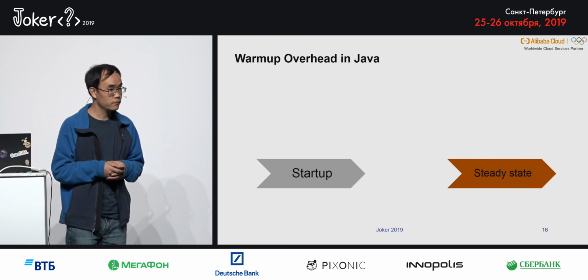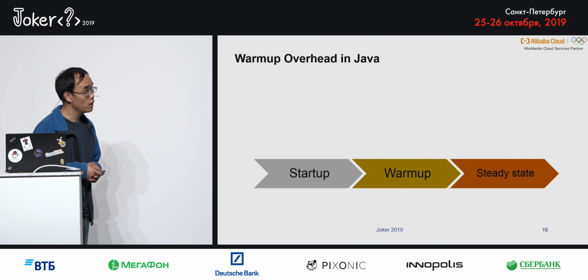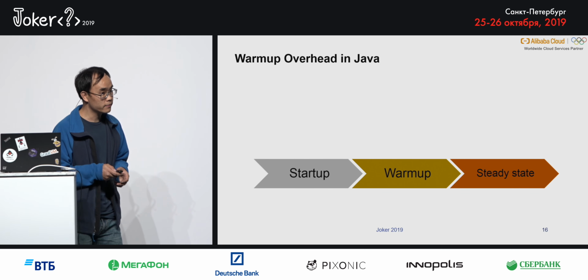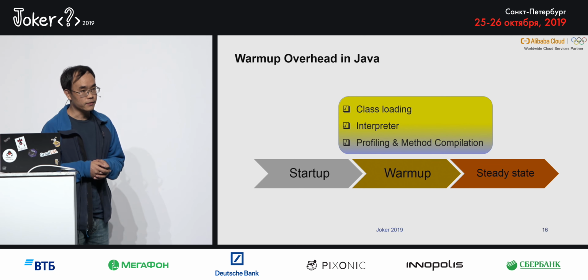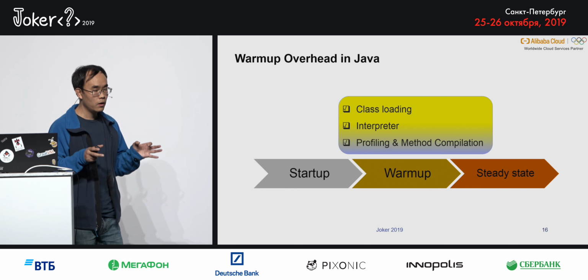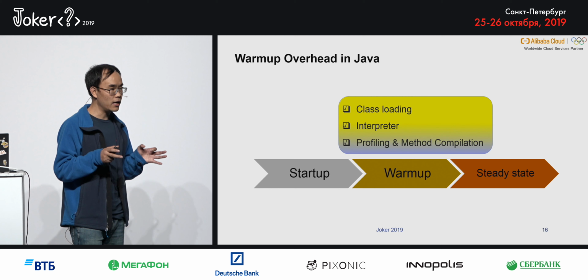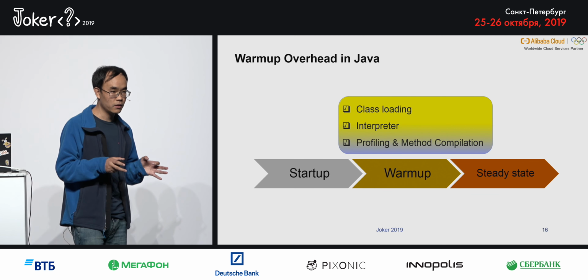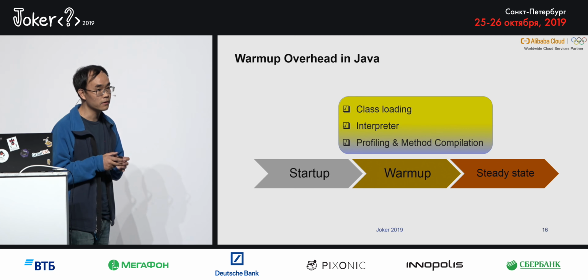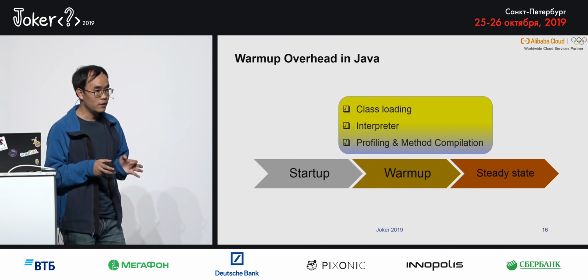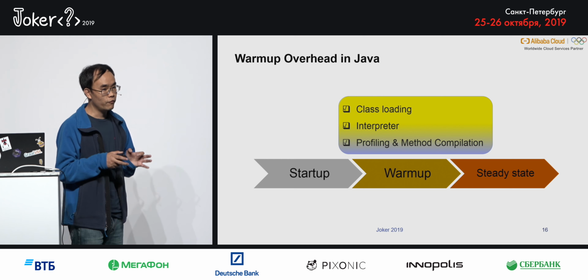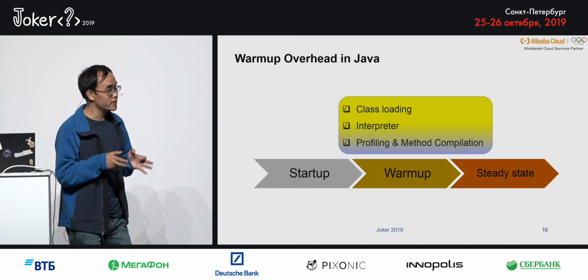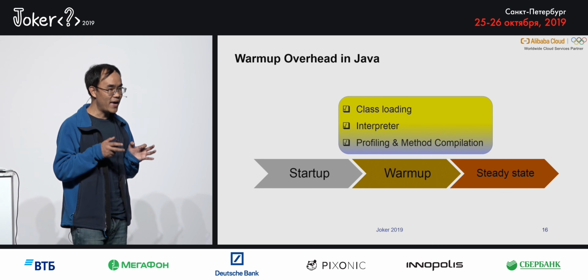Actually, there are three things done in the warm-up phase. The first is class loading. During warm-up, a large number of classes will be loaded from disk by the JVM. The second thing is that the classes loaded from disk lead to an increased number of methods being called.